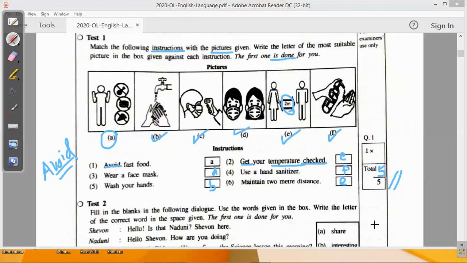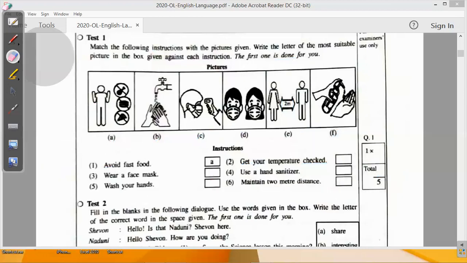Because there may be questions in the latter part of this paper where you will lose marks, right? It can happen. So let's be careful with these things. These are easy marks, so you can earn marks, right? So that's basically the first question done for you.